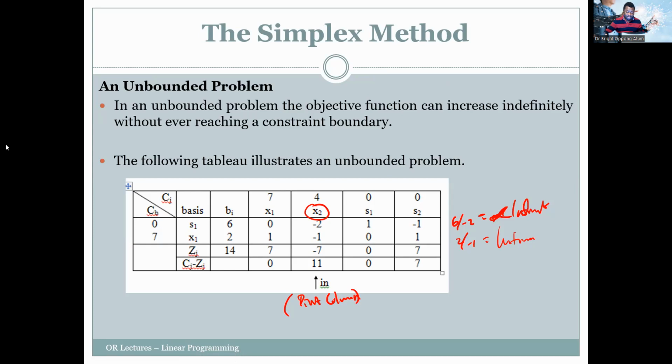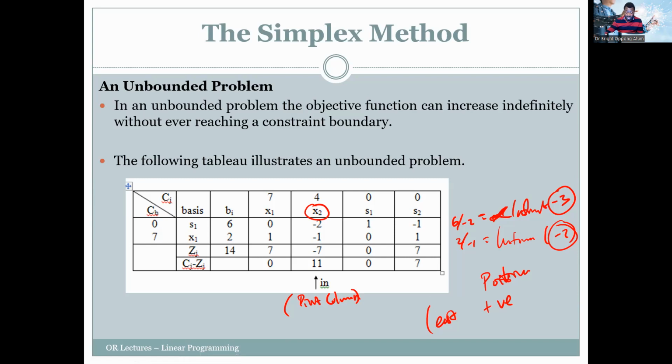So if that happens, what do we do? The ratio here is -3, and this one too is -2, right? However, we are looking for positive values, or the least positive value here. So it's actually infinite for us, right?